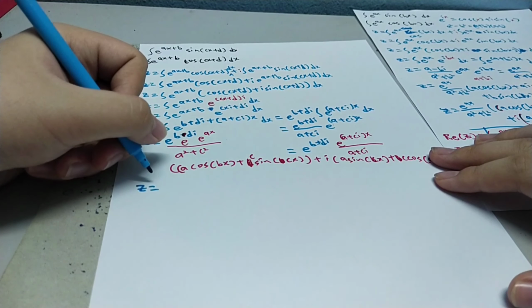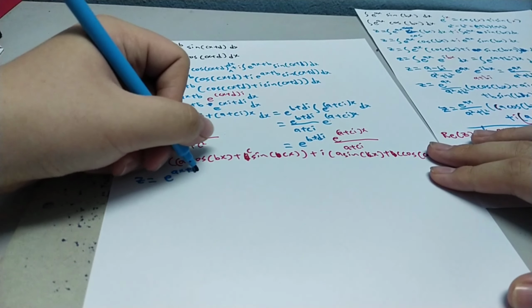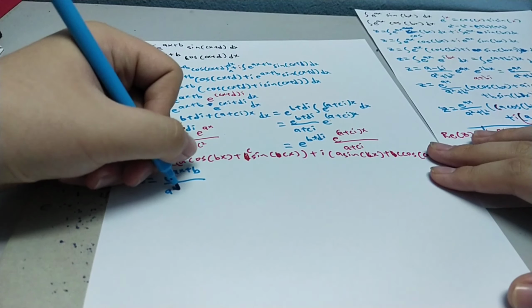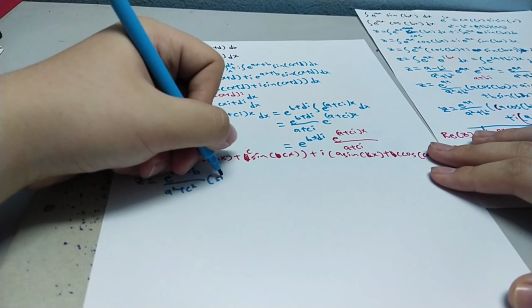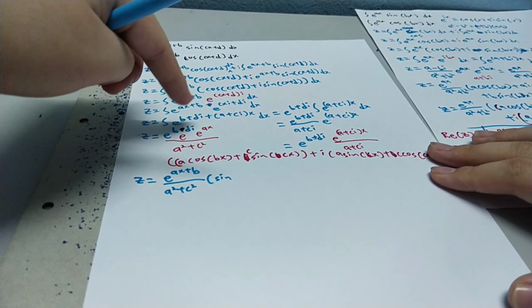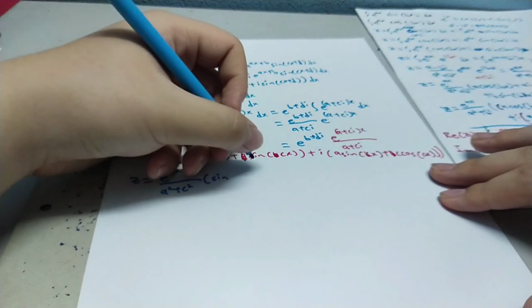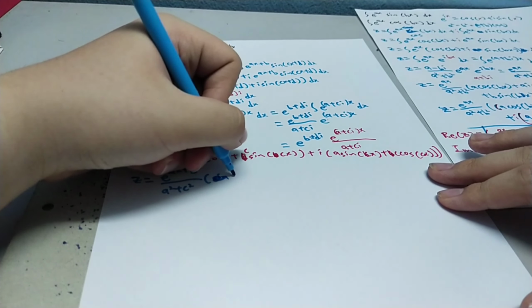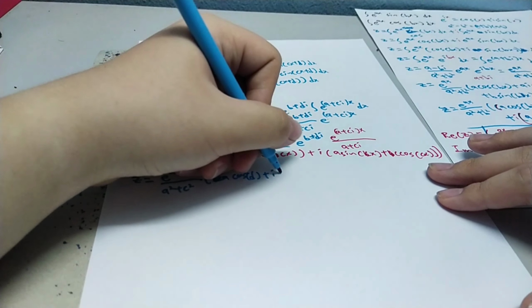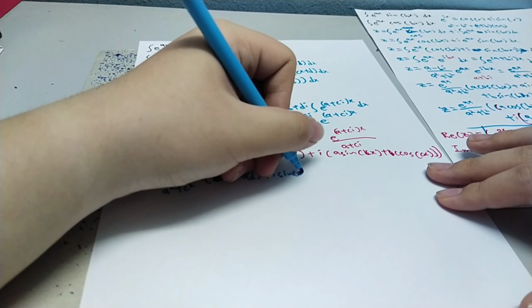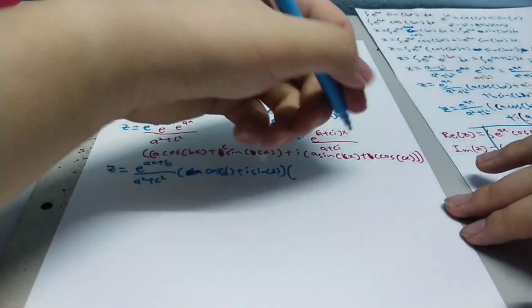So z is equal to e power of ax plus b over a square plus c square times sine, cosine of d plus i times sine of d, times this whole thing.